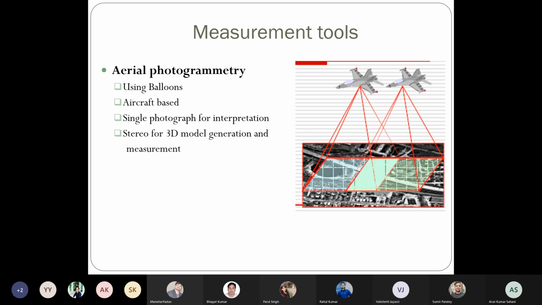So to get the depth information, or we can say the 3D model, we use stereo photographs, where each successive photograph has an overlap area. That is processed through an algorithm, and the 3D model is developed.